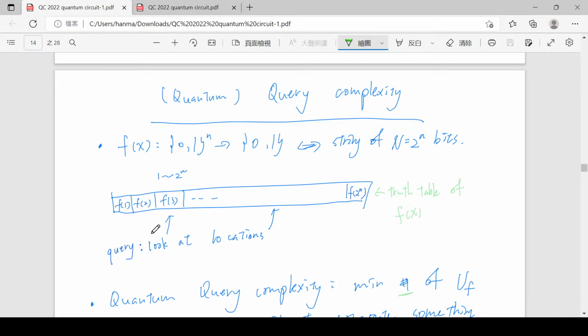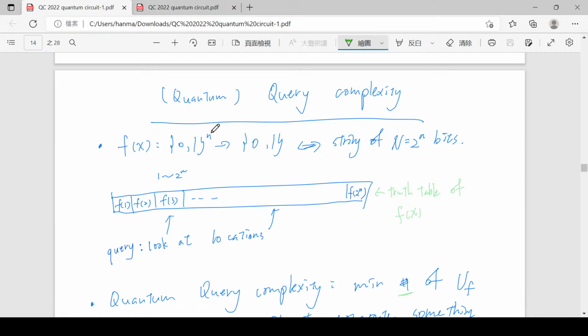And as we said, you can also think of this f of x as some kind of input to the bigger problem that we want to solve.